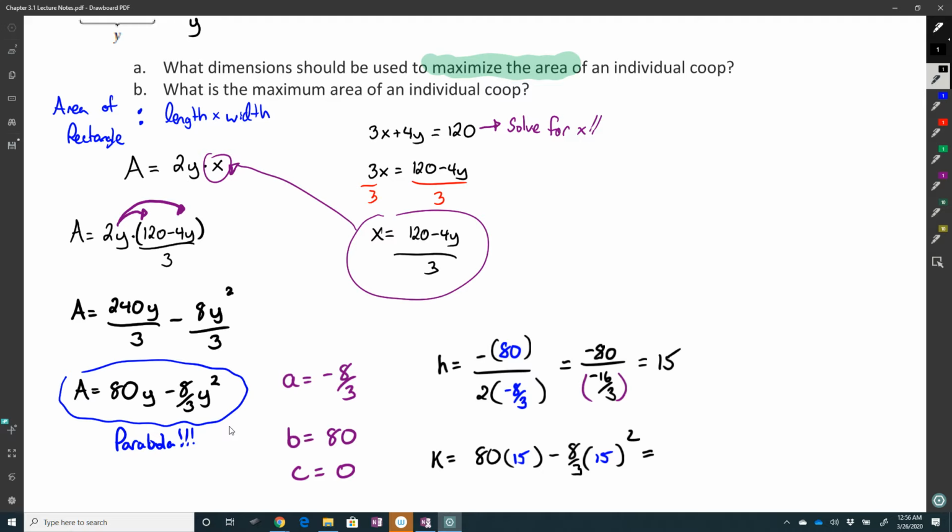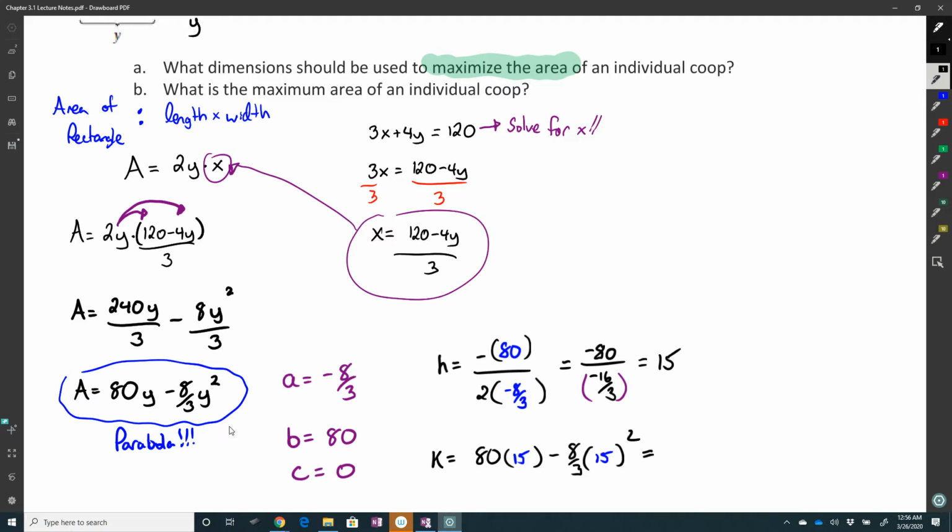Okay. So let's answer the question. What dimensions should be used to maximize the area, and what is the area of the chicken coop? Well, notice that this here is my x value. This is my y value. But what is my y value?